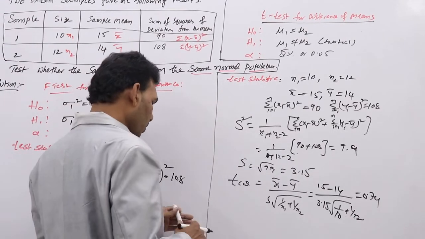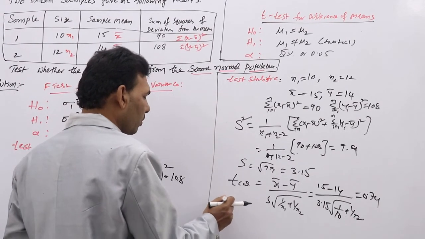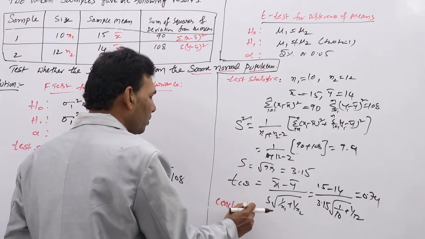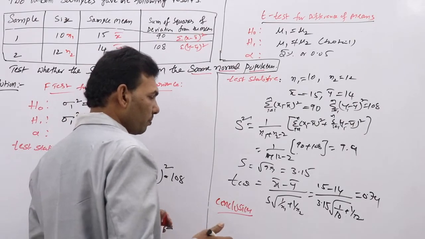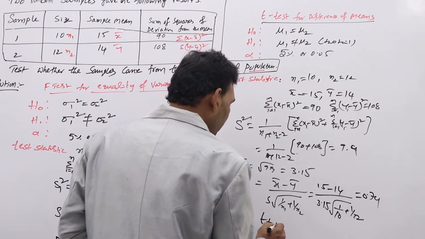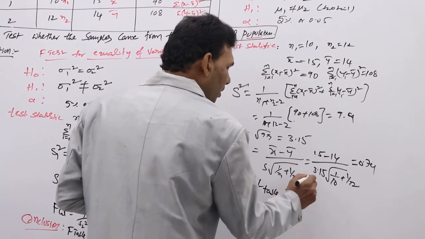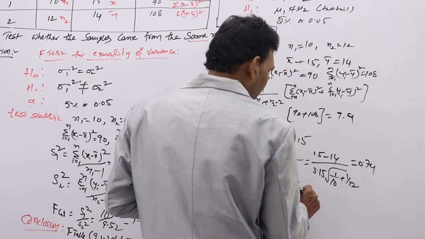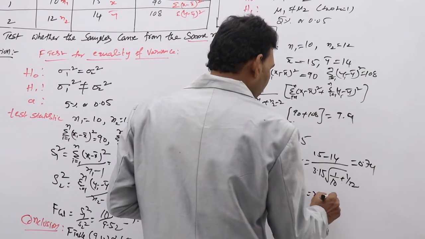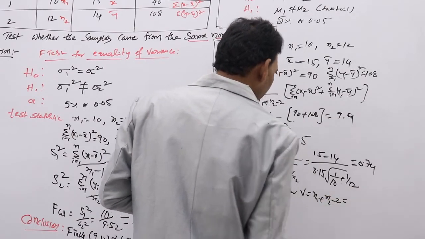Next, conclusion. In conclusion, we need the table value. T table value for V equal to N1 plus N2 minus 2 degrees of freedom.